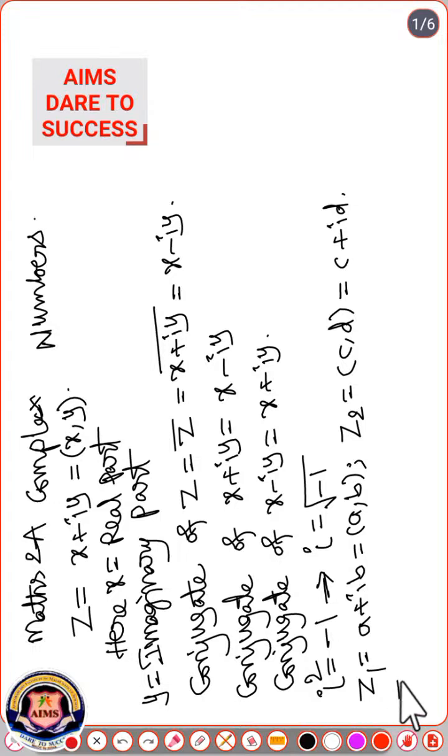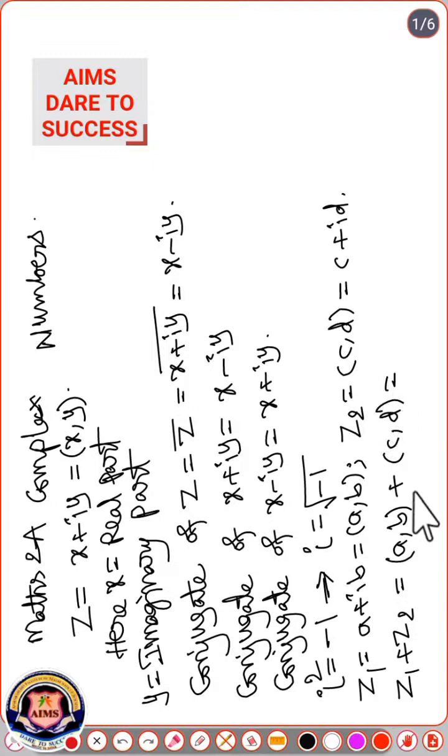Adding these two values, z1 plus z2. To add these two complex numbers, use this concept: a comma b plus c comma d. Add real part to real part, a plus c, and imaginary to imaginary, b plus d. So for addition, real part to real part, imaginary part to imaginary part.